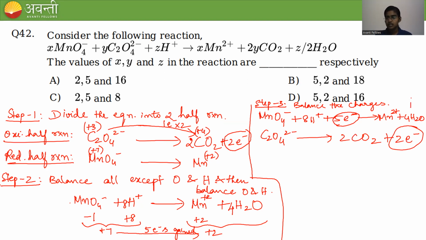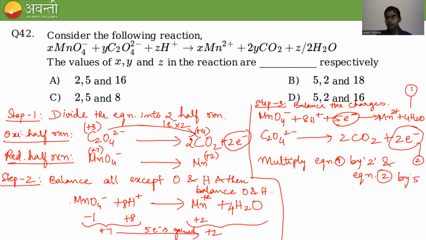Okay, let me take this equation as 1 and this equation as 2. So what I have to do? Let me multiply equation 1 by 2 and equation 2 by the number 5.